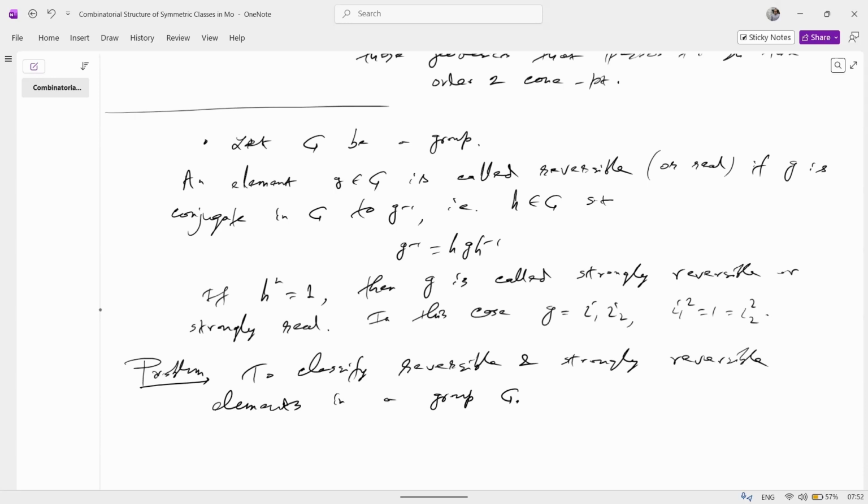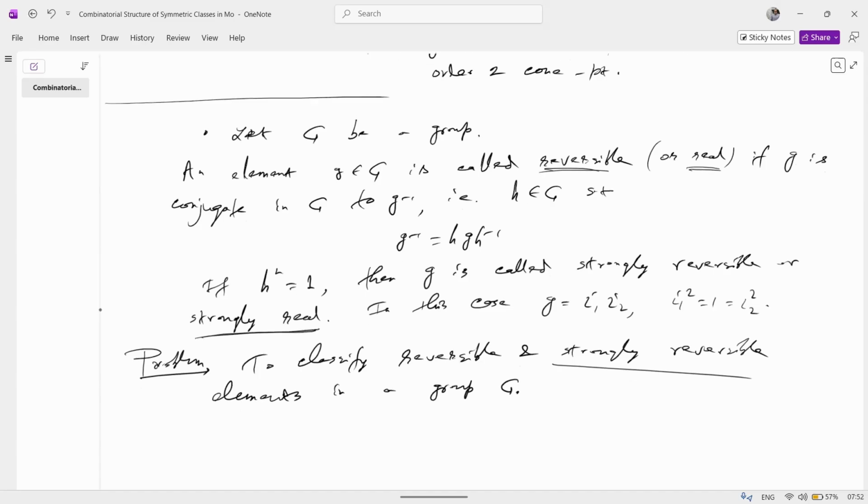Like in algebraic representation theory, people call them real or strongly real. But when one looks into these objects from a dynamical or geometric viewpoint, they are called reversible or strongly reversible, because of some motivation that I would not get into here. Every strongly reversible element is reversible, but the converse is not always true.